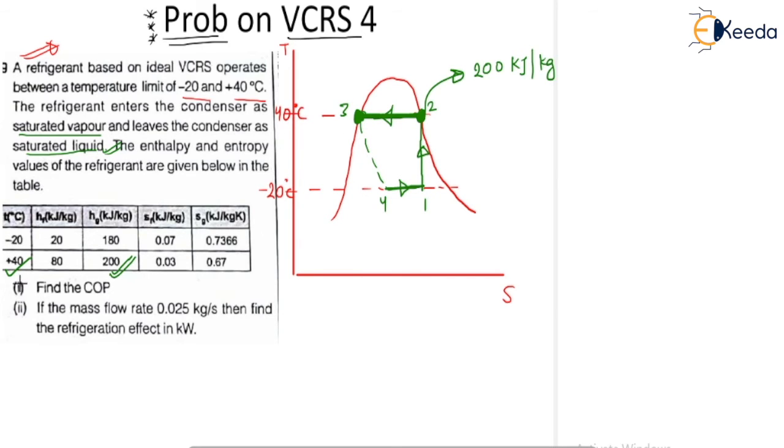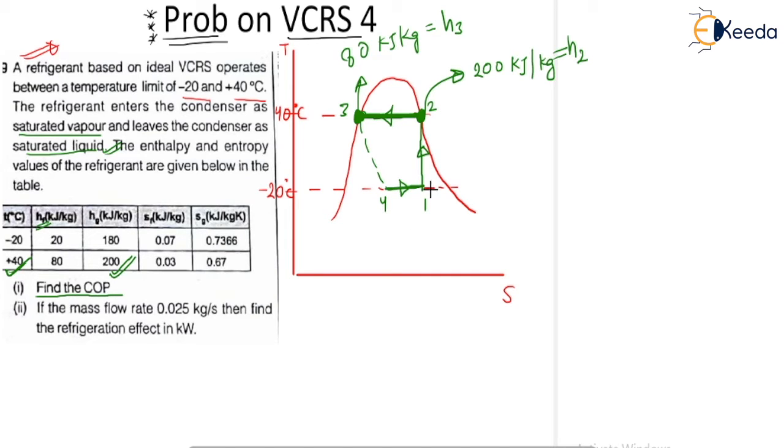So at 40 degrees, the saturated liquid enthalpy, that means hf, is nothing but 80 kilojoule per kg. That means this is the value of h3, and here this is the value of h2. Now, as per the question, find the COP value.